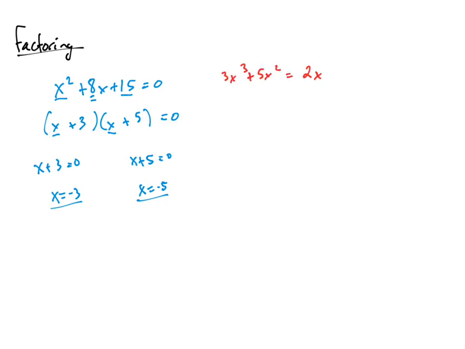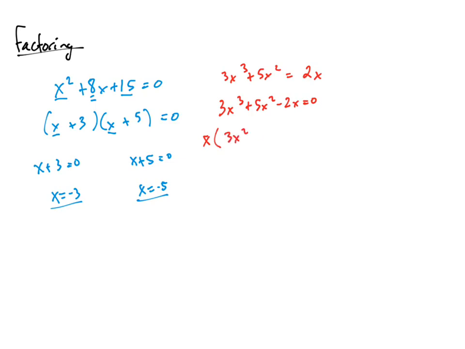Suppose we have this equation. Now this doesn't look to be quadratic because our highest degree is 3 here. But let's set this equal to 0 and see where we end up. We see we have a common factor of x in each term, so let's factor that out.